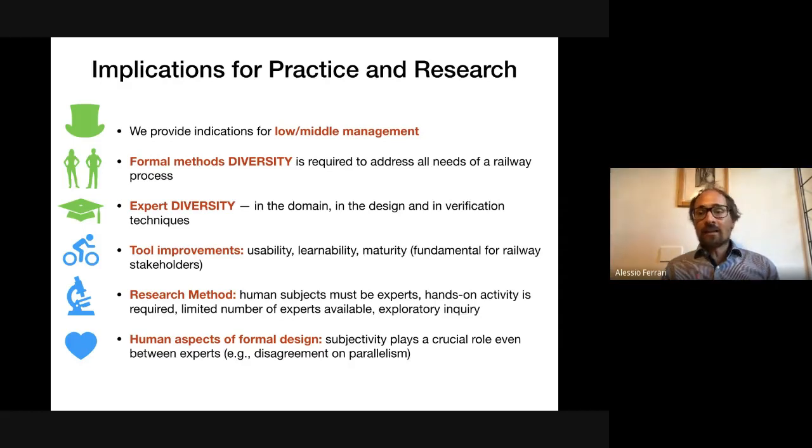And finally, another topic that emerged is related to the human aspects of formal design. Here we saw that subjectivity plays a crucial role both in the design of these models, so the background of the people, but also in the assessment of the capabilities of the tool, because we saw that there was disagreement even in some aspects that should be considered well established, for example, the support for parallelism.